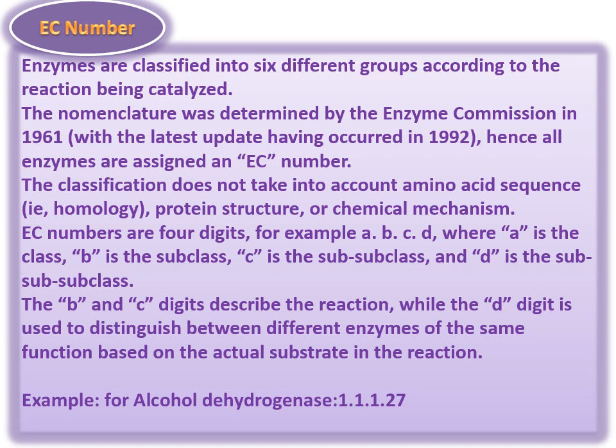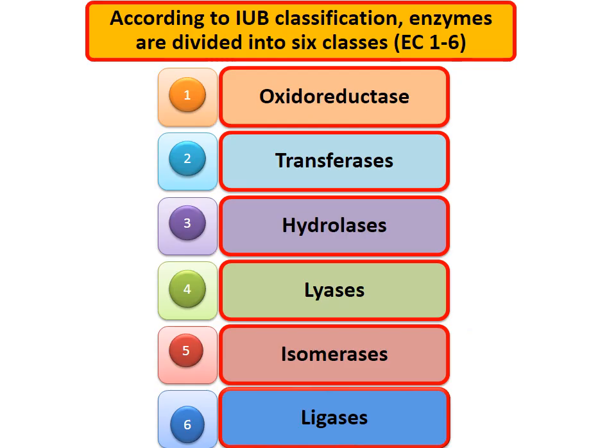The second number indicates the enzyme action, that is it acts on the CHOH group as hydrogen donor. The third number 1 indicates the acceptor, NAD, and the fourth number 27 is the serial number of the enzyme in the EC 1.1.1 group. So in this way the enzymes are numbered.